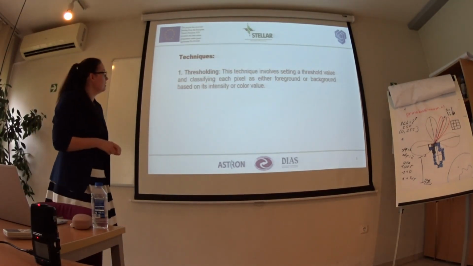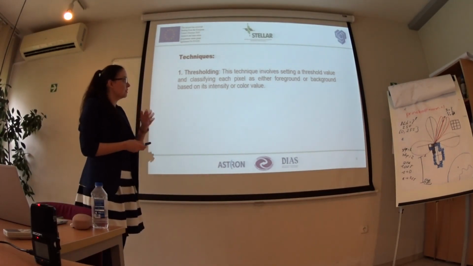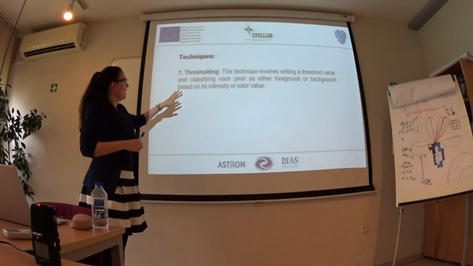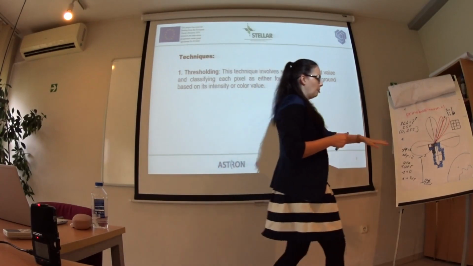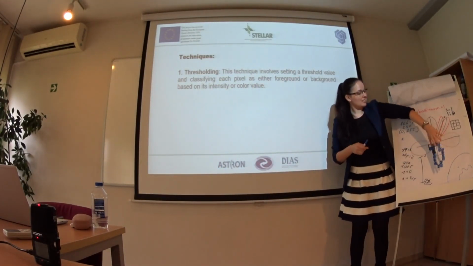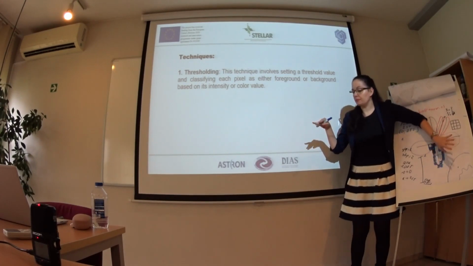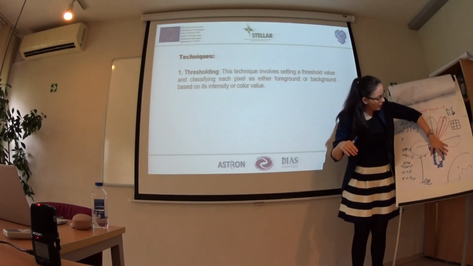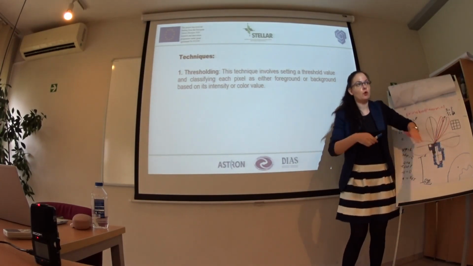So the first technique is thresholding. It involves getting a threshold, and we will try to classify each of the pixels, whether they are part of the background or part of the object.